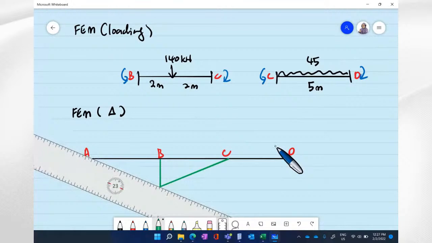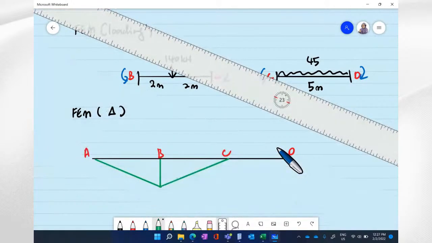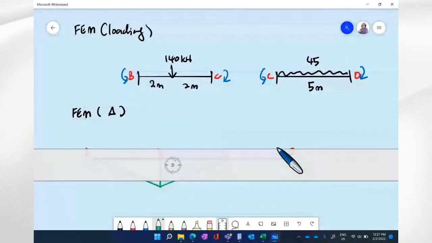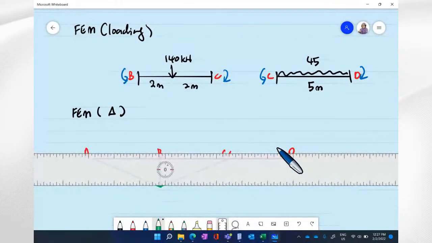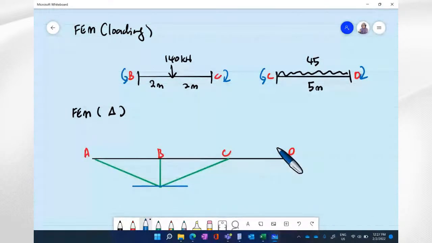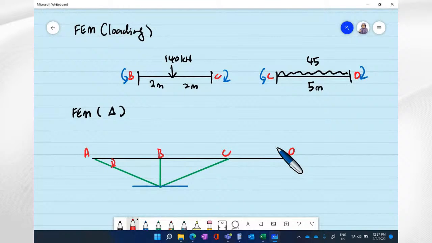Delta is always perpendicular to the member. What is most important is that we must understand that the beam is a horizontal member, so the horizontal line is the reference line, and we need to measure the angle from the original line. This is the angle.